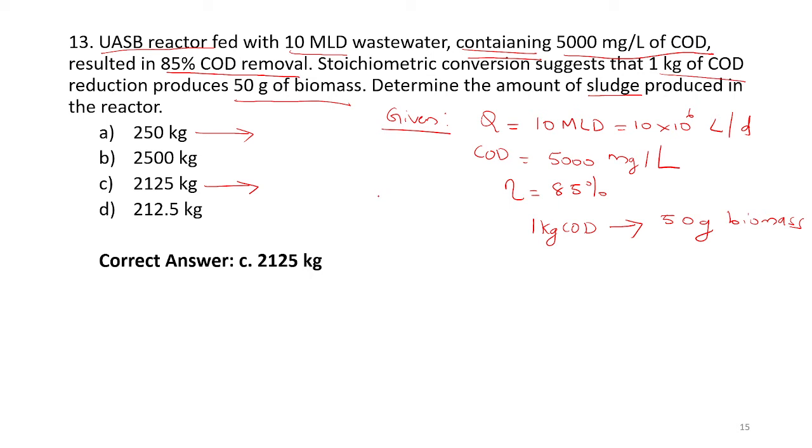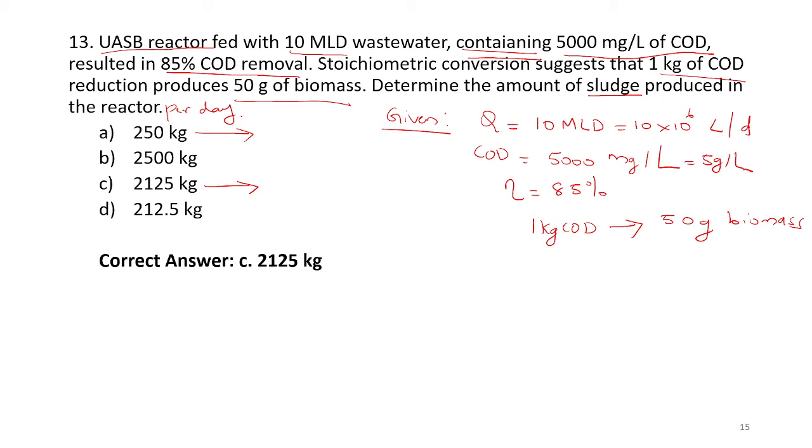So here it is said, determine the amount of sludge produced in the reactor. It should be per day. So it is given COD is 5000 milligram per liter, which is 5 gram per liter. Total COD per day we have to find out.